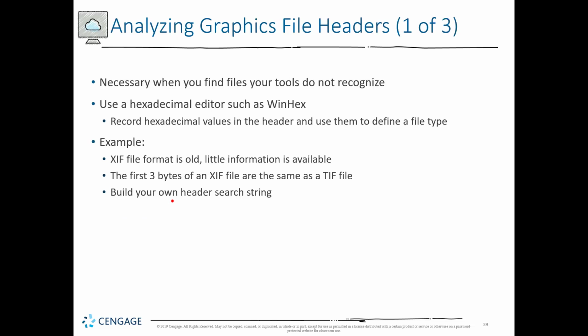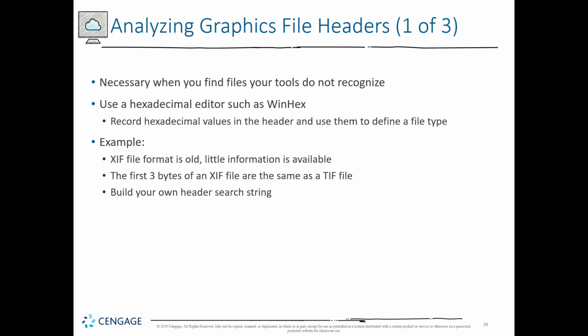You're going to be analyzing graphic file headers. So again, most of what you're going to be doing is looking at the header for details. When we're looking at the header, we're going to be using a hex editor, and that will look at the hex values of the data file header so we can examine it. Examples might be looking at an EXIF file format. While it's a little older, the first 3 bytes of a file should be the same as a TIFF.